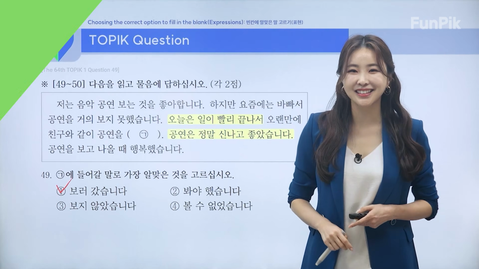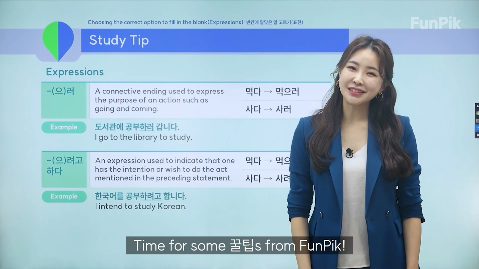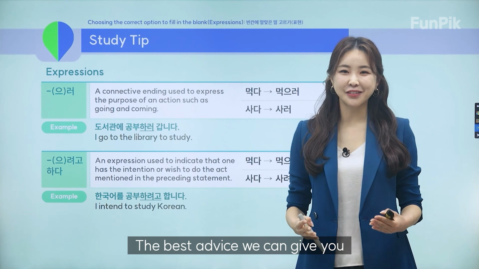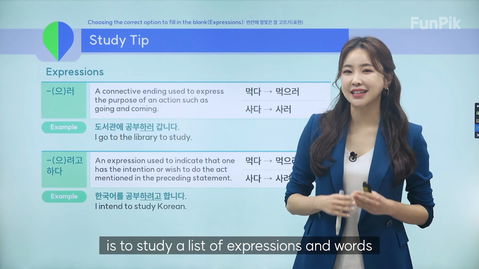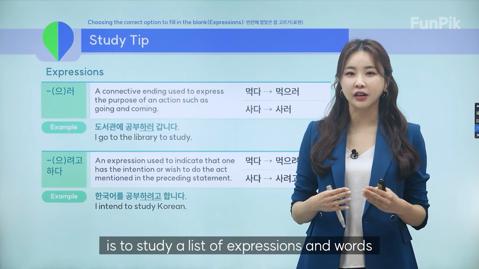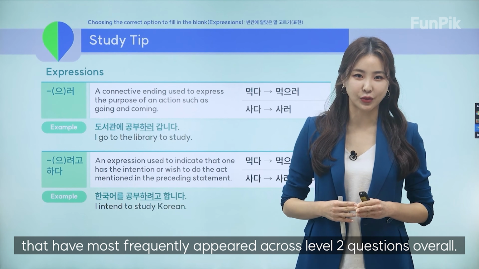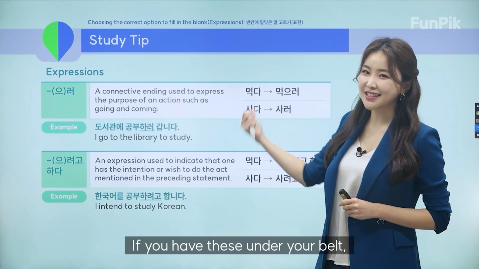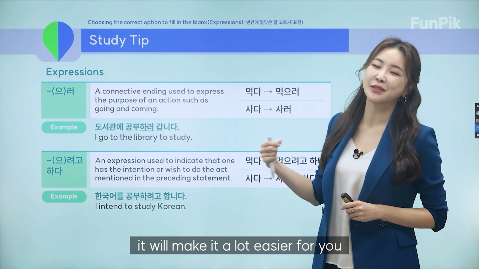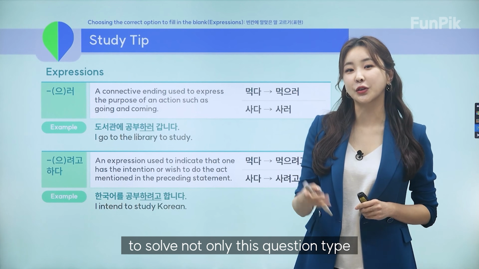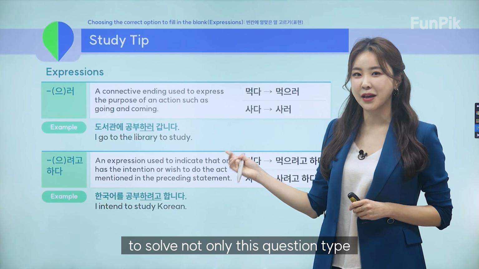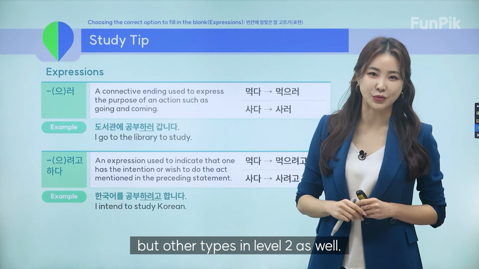All right, time for a quick tip from FunPik. The best advice we can give you is to study a list of expressions and words that have most frequently appeared across level 2 questions overall. If you have these under your belt, it will make it a lot easier to solve not only this question type, but other types in level 2 as well.